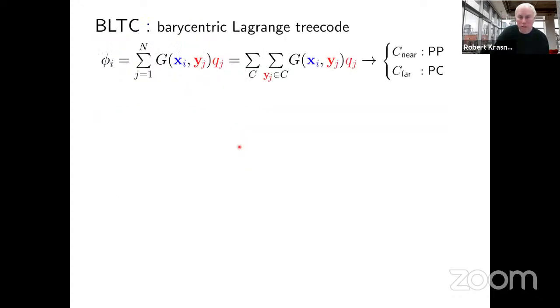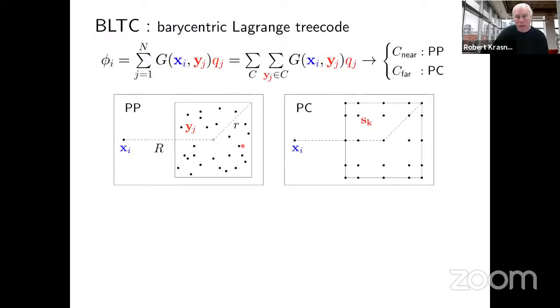Pictures are so good. If we originally have an interaction between a target particle and a set of source particles, Yj, we can replace those source particles by these SKs. These SKs are a tensor grid of Chebyshev particles.